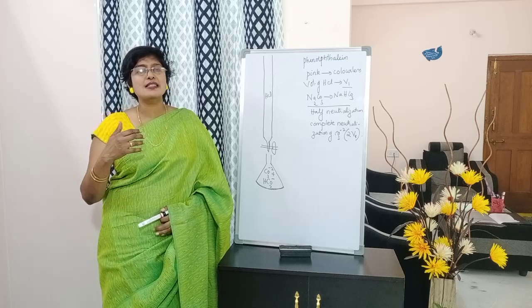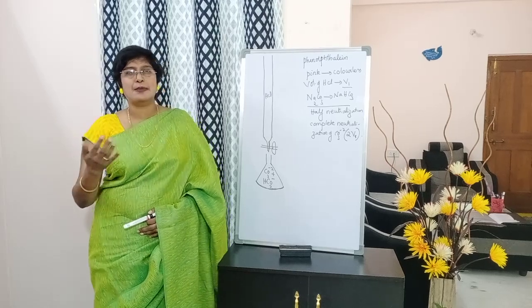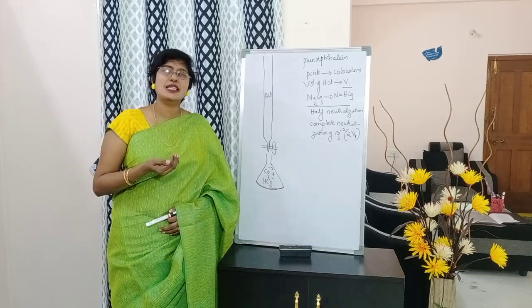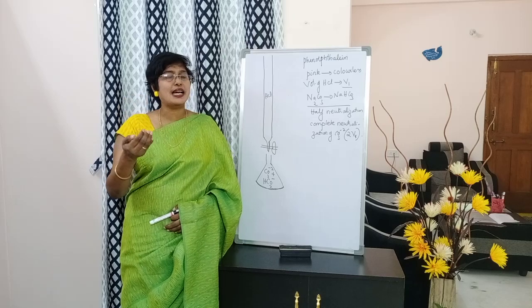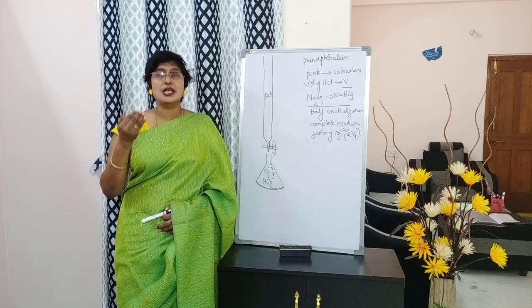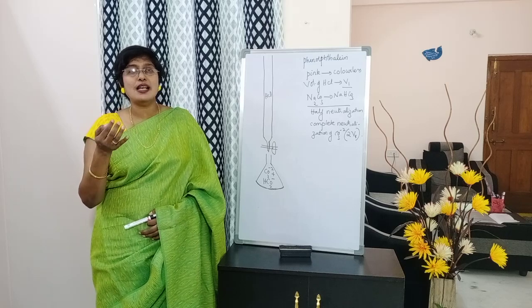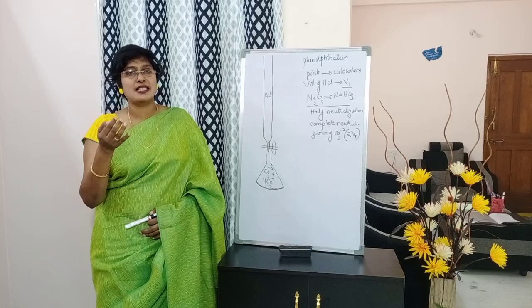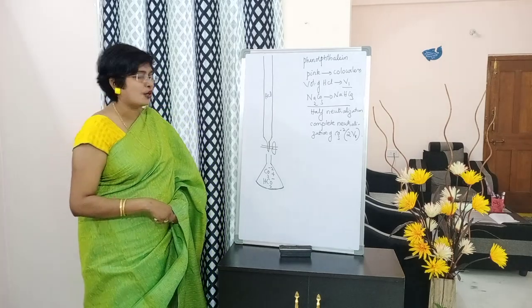If we understand the third step, then we almost understood the principle of this experiment. What is the name of this experiment, students? Estimation of carbonate and bicarbonate present in the given mixture. So knowing the total amount of carbonate and bicarbonate present in the mixture. So what is the third step, students? What did we do there?